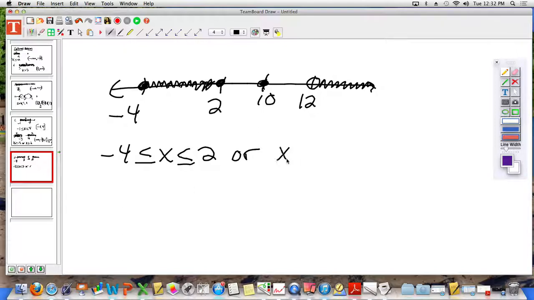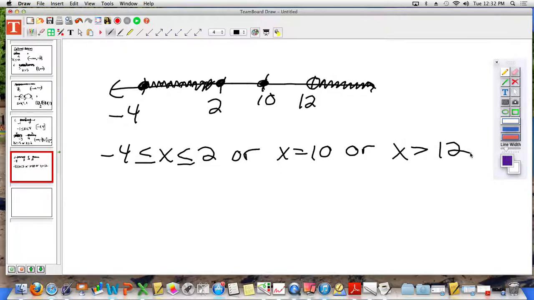X equals 10, empty spot, or everything shaded to the right of 12. That means x is greater than 12. And now what we need to do is put it in, what is this notation called? Inequality notation. It has alligators in it.